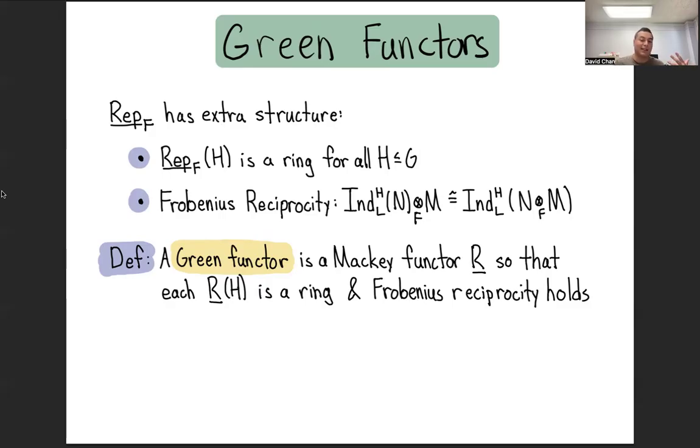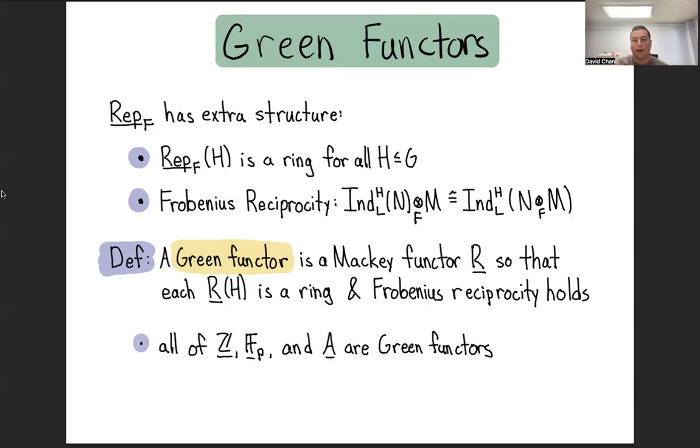And the second is that you have a ring at every level and you have this Frobenius reciprocity relation, which tells you how the transfers interact with these multiplication structures. I guess I should say the group actions are also through ring automorphisms now. Okay. And every example I've given you so far is in fact a Green functor. So you can check this. And you can check Frobenius reciprocity if you find yourself wanting to.